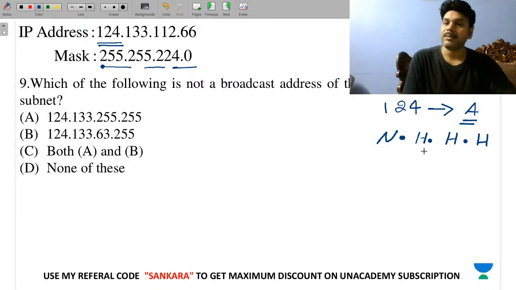Now you decide the host IDs. We want to see all ones in your IP address.